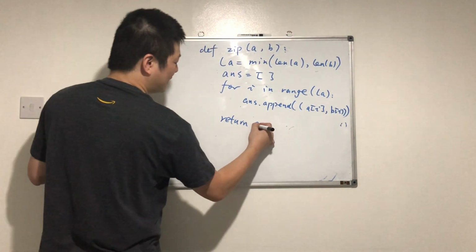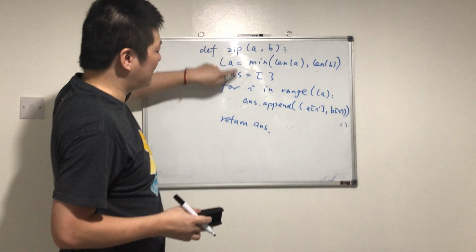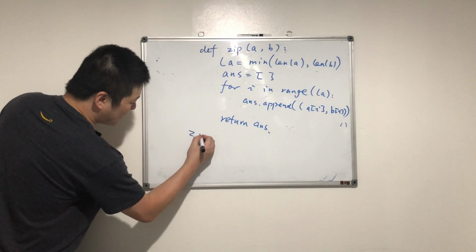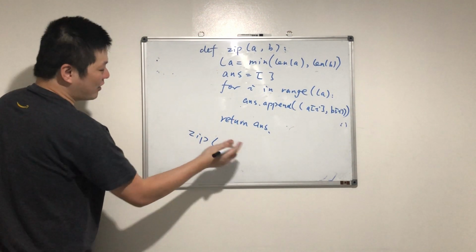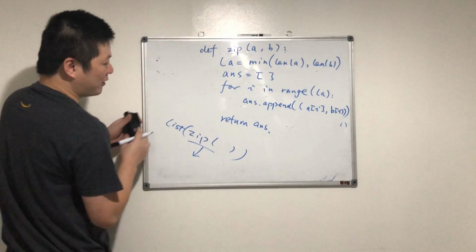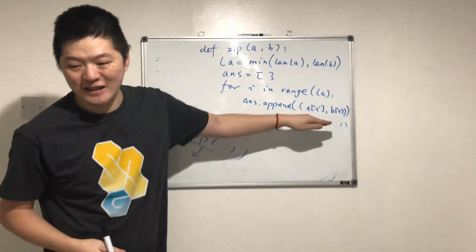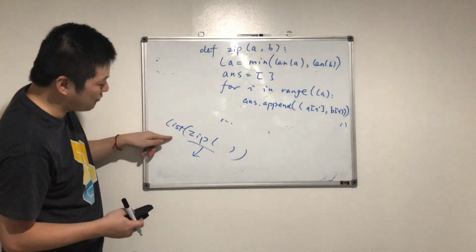Return answer. This is returning a list, but in Python, it's not returning a list. If you do it this way, it's not a list; you have to convert it because this is called a generator. So basically, we are not returning here. When we return, we return the entire list. This thing will return one at a time.